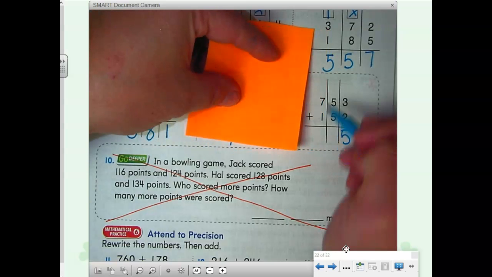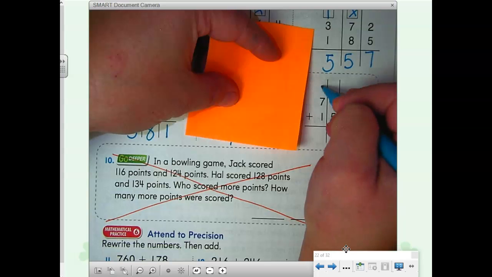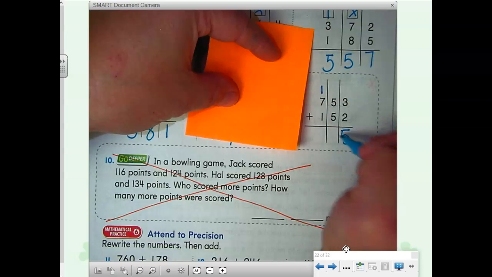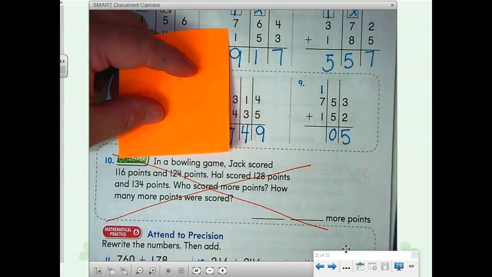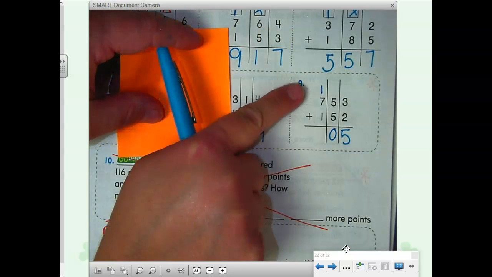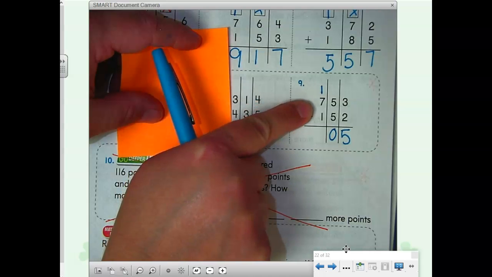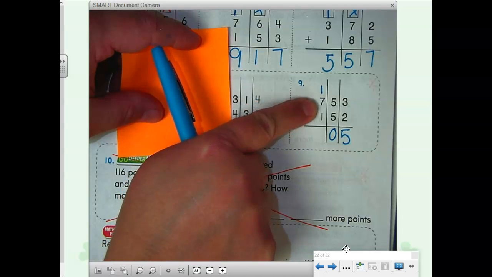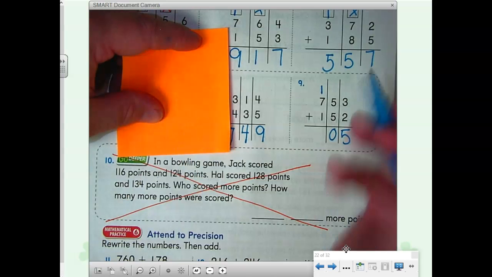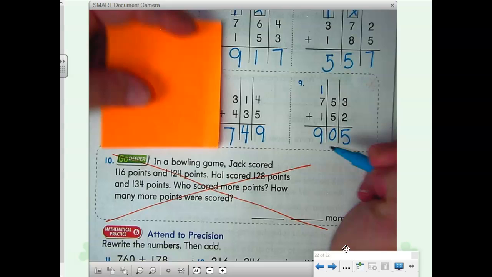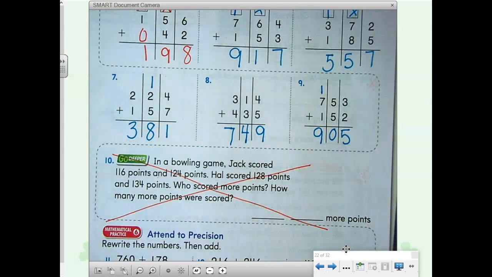All right, so that is 10 tens. That's one group of 100 and 0 tens now. Now I can add in my hundreds column. 1 plus 7 is 8. 8 plus 1 more is 9. My answer is 905.